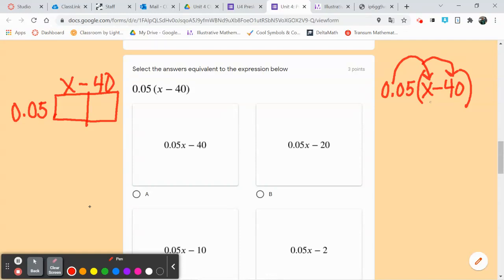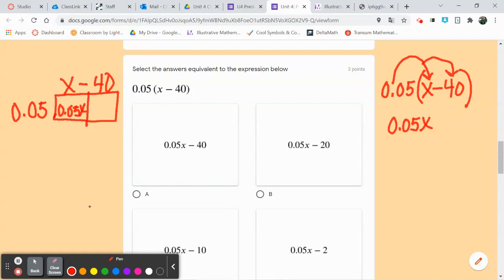Remember, when you have x by itself, there's always a 1 in front of it. We just don't put it. So 0.05 times 1x gives me 0.05 x's. Same thing over here. 0.05 times x gives me 0.05 x's. Now I got to do the next one.